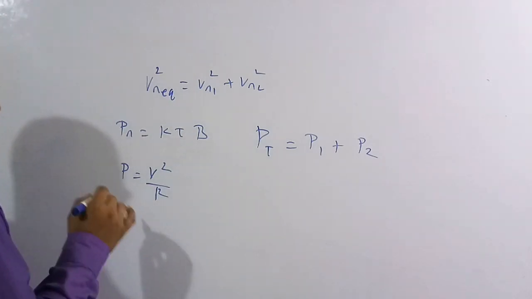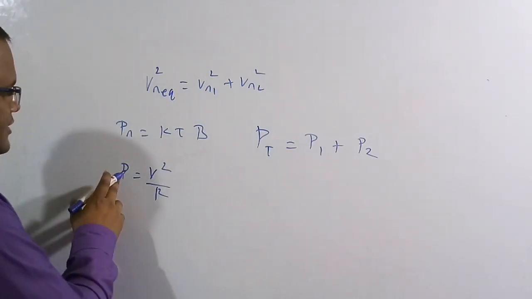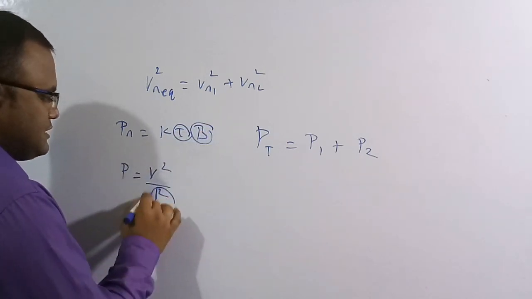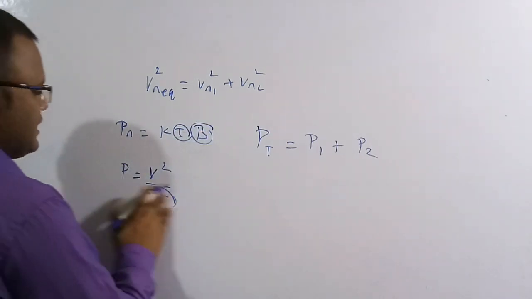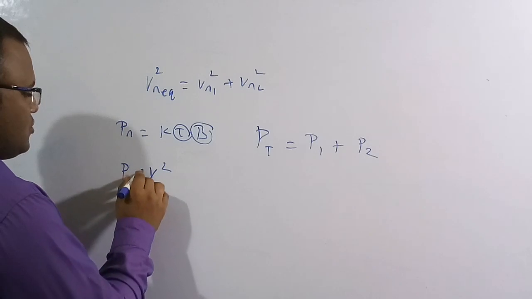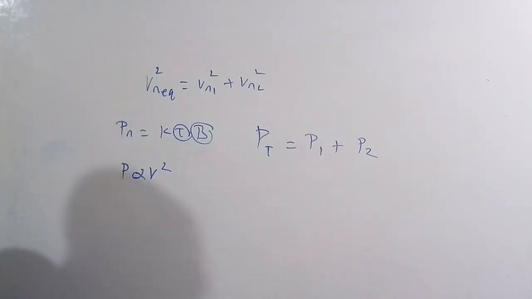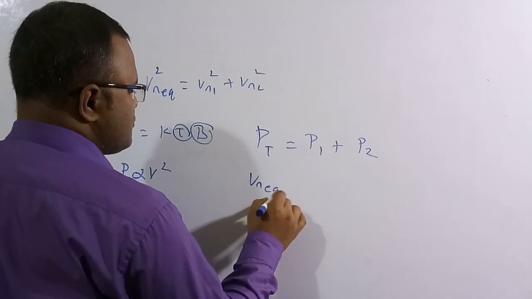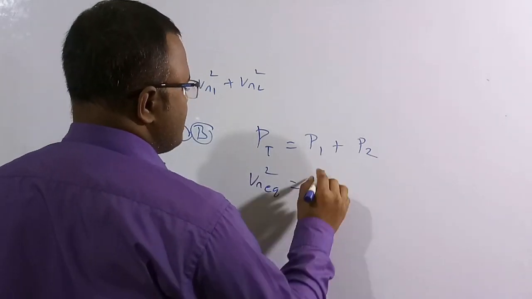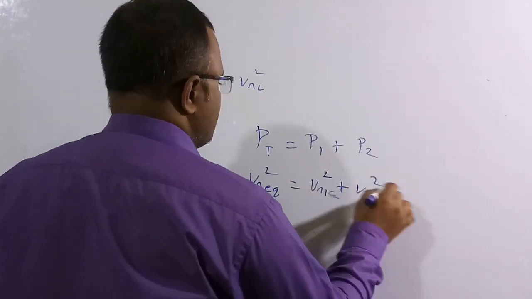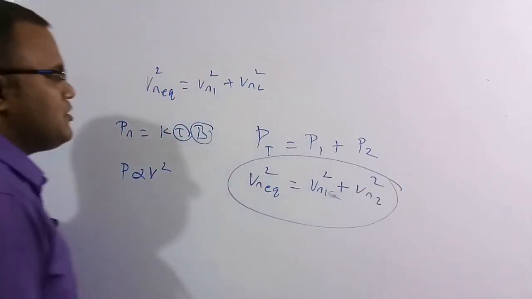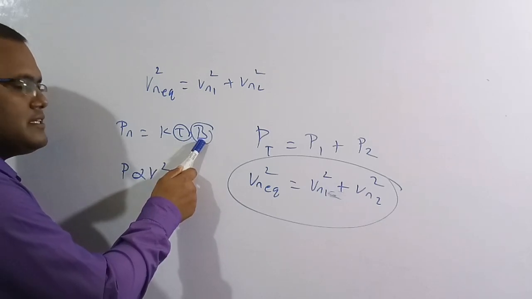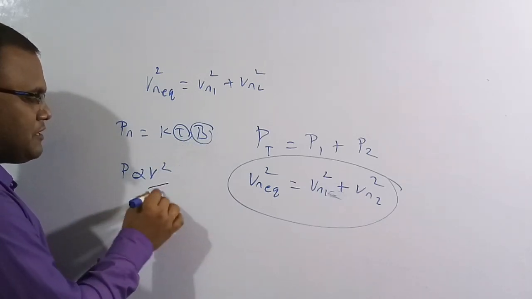But for noise, the noise power depends only on temperature and bandwidth, and it is independent of the resistor. So it is directly proportional to the square of the noise voltage. That is why Vn equivalent square is equal to Vn1 square plus Vn2 square.